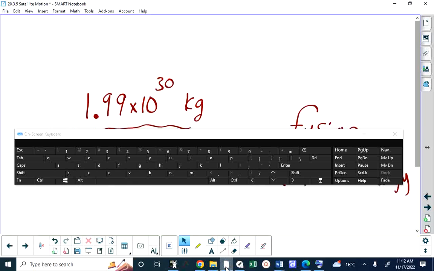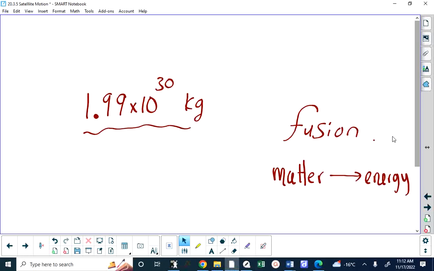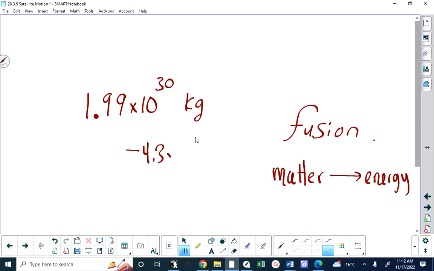So what we have is this mass of the sun, and it's losing 4.3 times 10 to the 9 kilograms every second. Like in the time we've been sitting here, it's lost, well, what's it been, about 10, 15 minutes? 10 minutes times 60 seconds is 600. It's lost that mass 600 times.